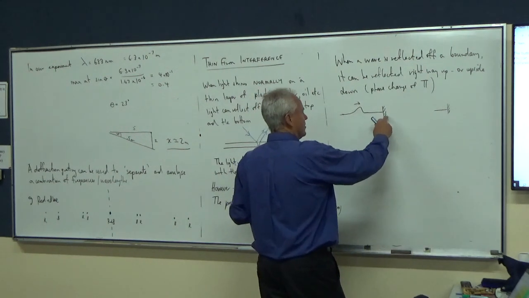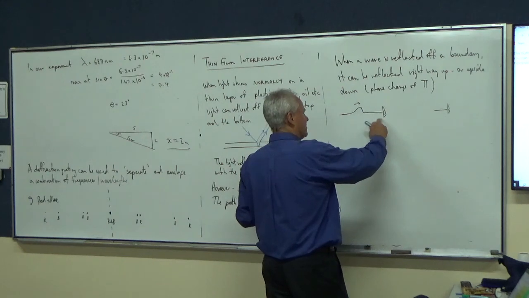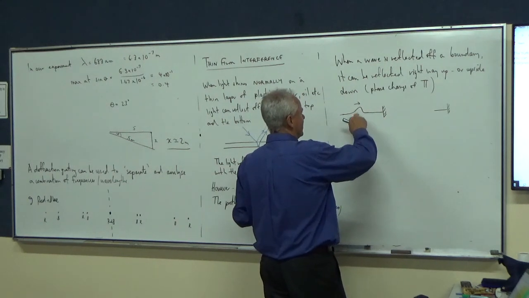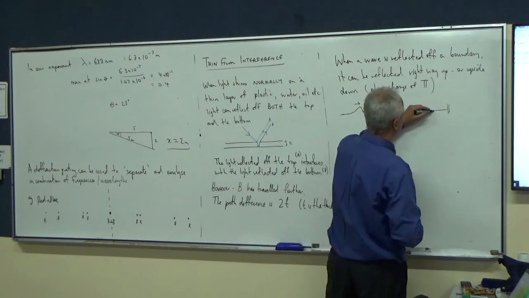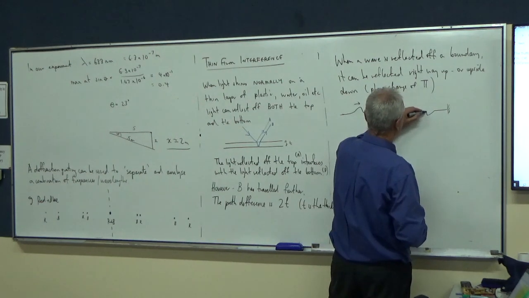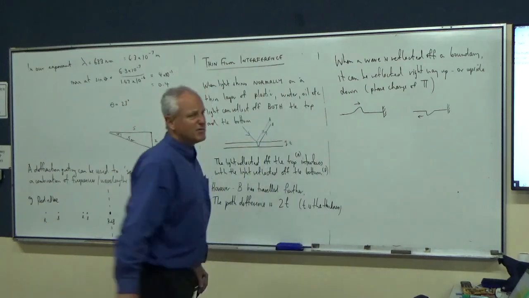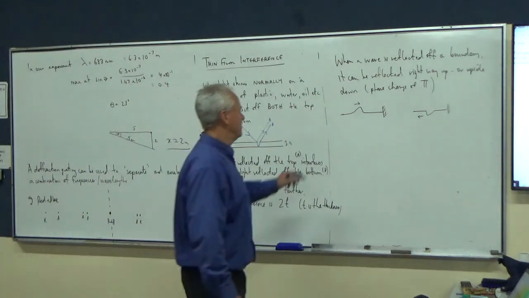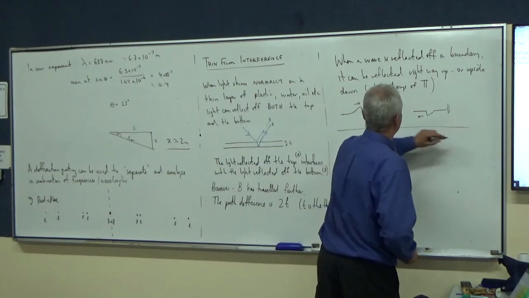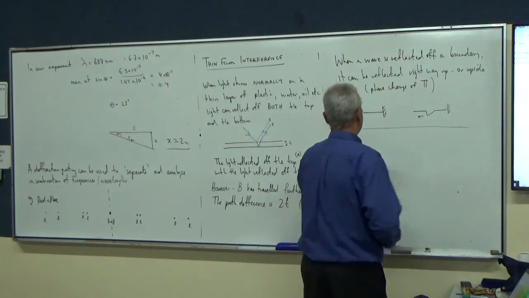So that's a more dense medium, it's reflected upside down. The sharp edge comes first, so it's going to be like this. Right. And we've seen that lots of times. I'll put a line under that just so we don't get confused with what's happening here.